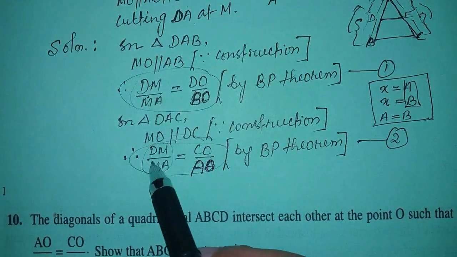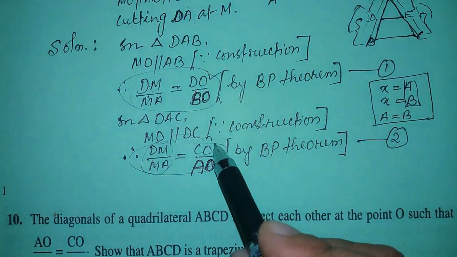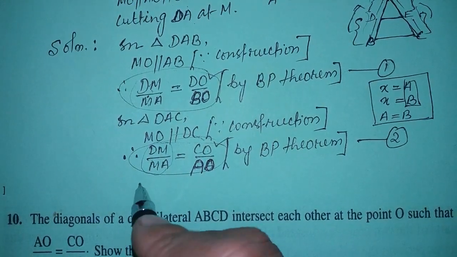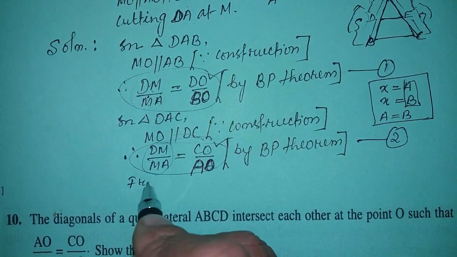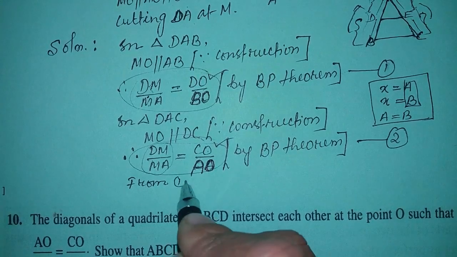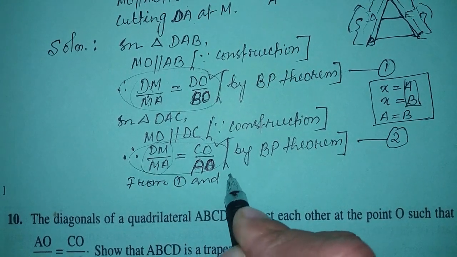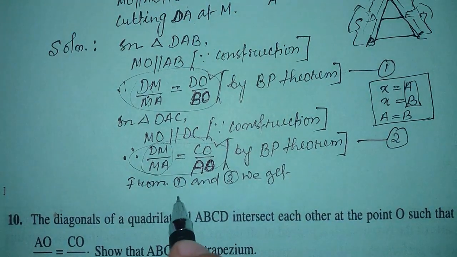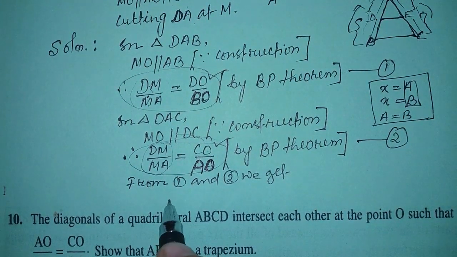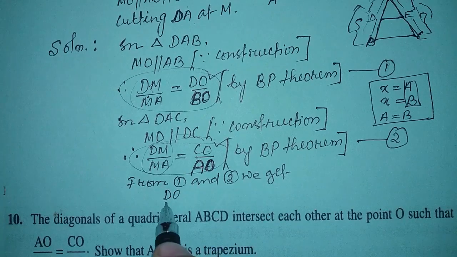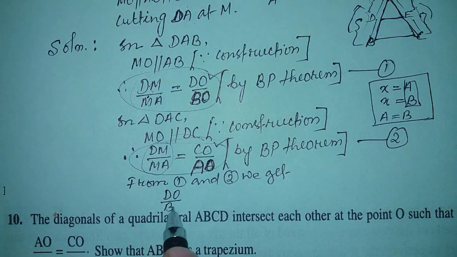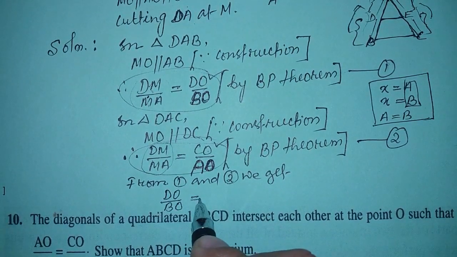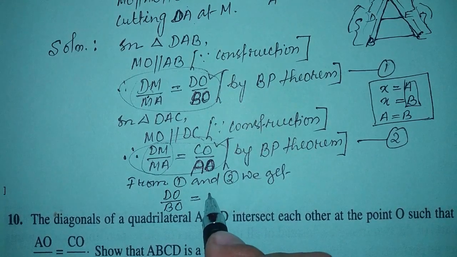Since these two are one and the same, this one and this one are also equal. So from 1 and 2 we get DO by BO is equal to CO by AO.